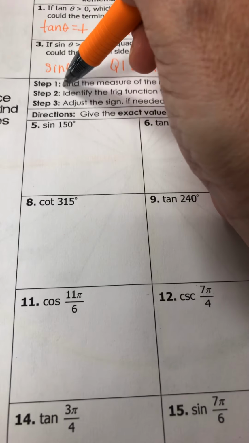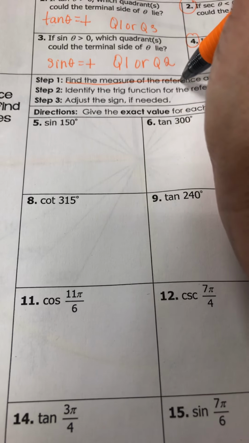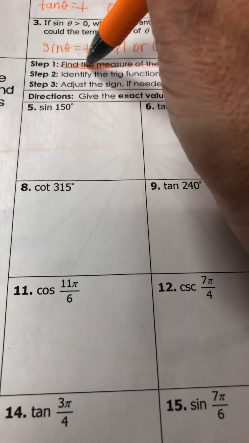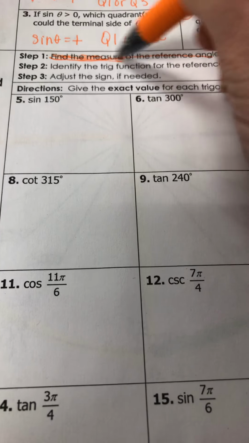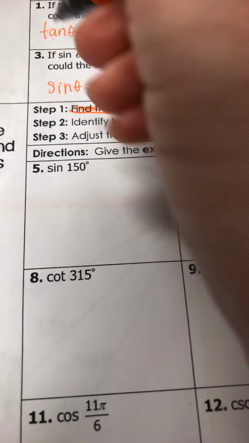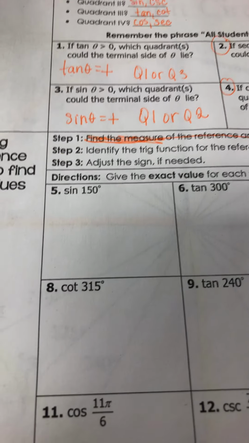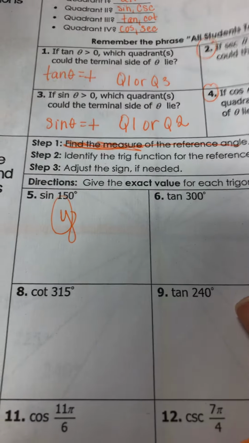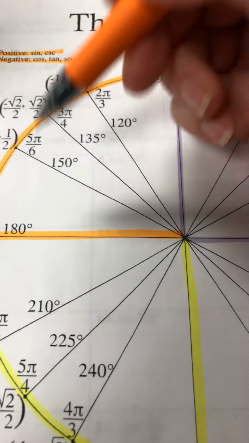Where it says find the measure of the reference angle, we are not doing that. You are memorizing your unit circle and figuring stuff out from there, okay? So the first thing we're going to do is find the sine of 150 degrees. Remember, the sine is your y value. Go to your unit circle and find 150 degrees.